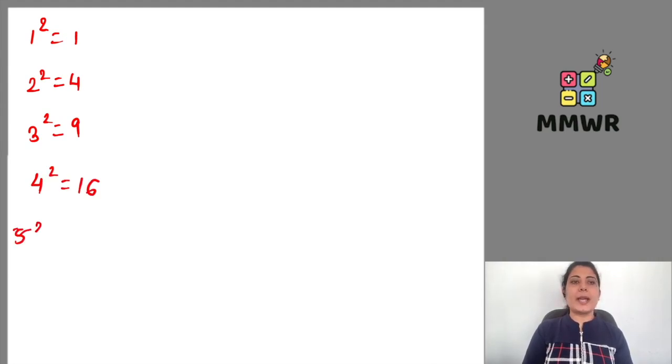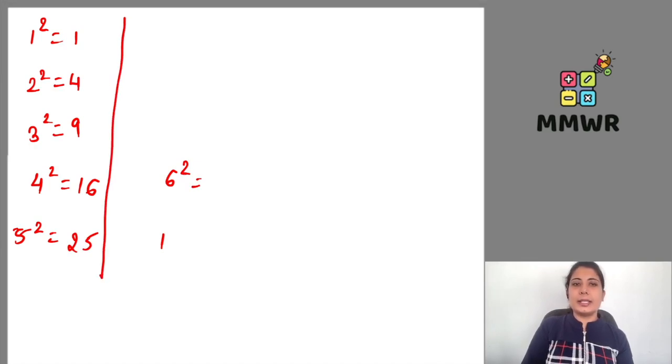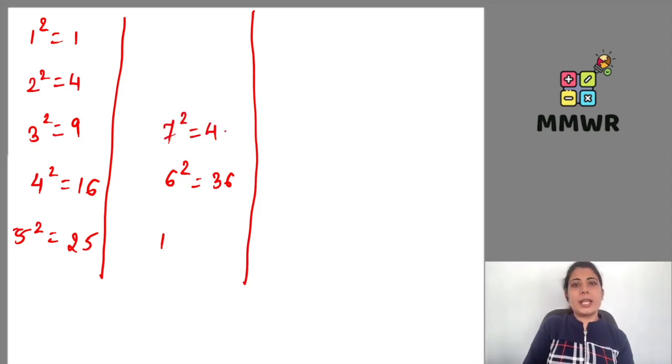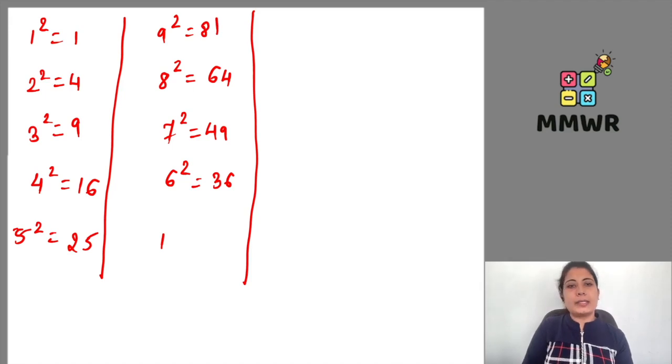Now 5 square is 25. Then the square of 6 is 36. Then we have the square of 7, which is 49, then the square of 8, which is 64. Then 9 square is 81 and 10 square is 100.